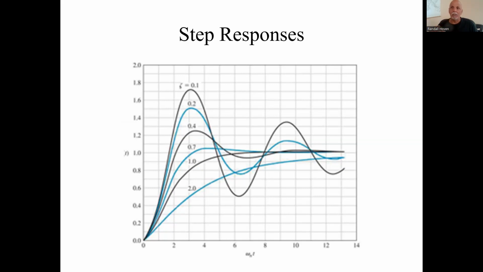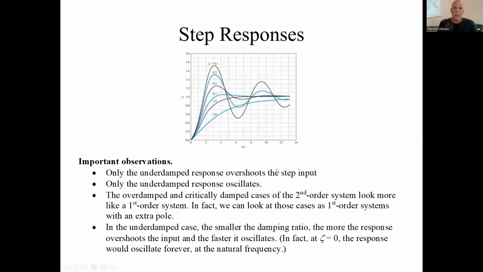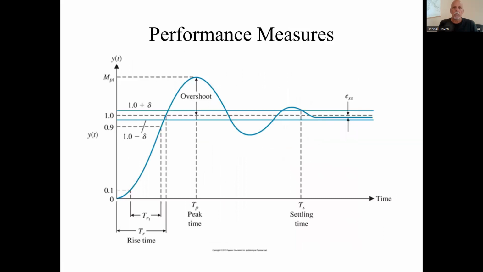You don't want to rev your engine, drive unsafely, etc. You want a controlled, slower response. There's probably some peak acceleration you don't want to go over. So in that case, you'd probably want an overdamped control system. But let's get back to calculating these values for the underdamped second order case.